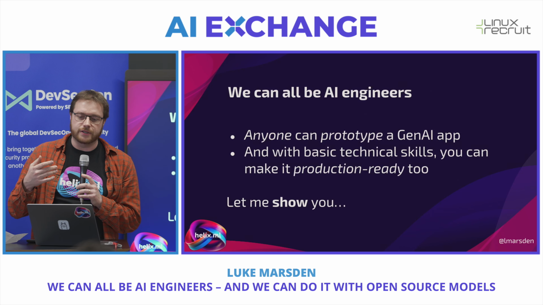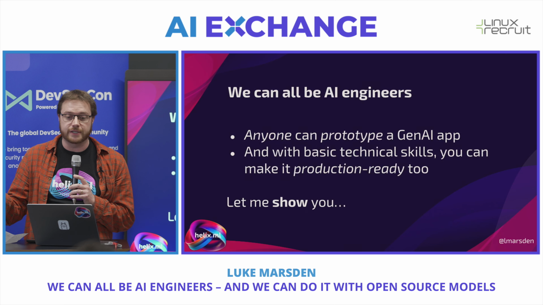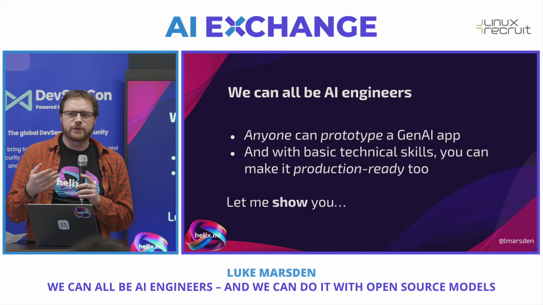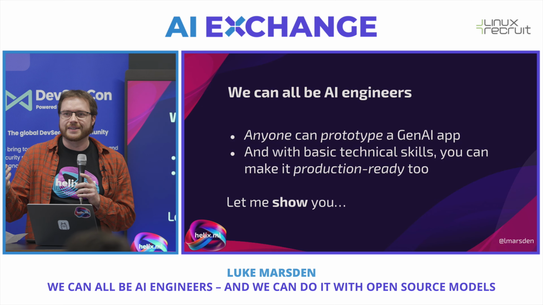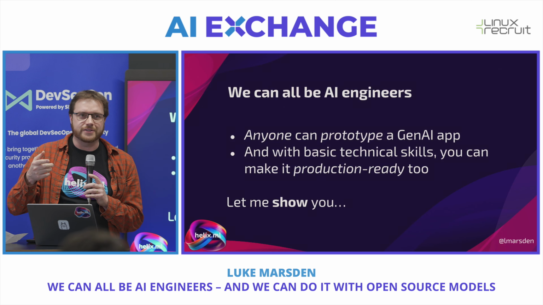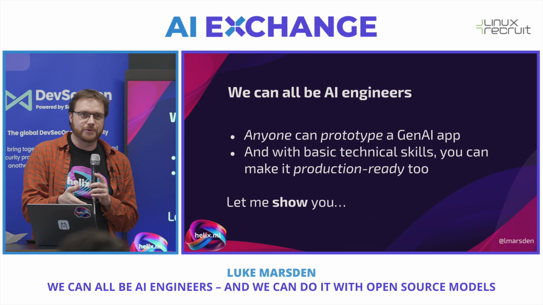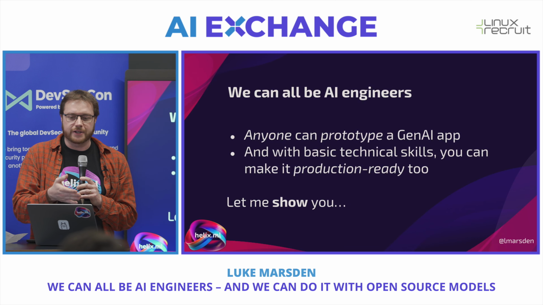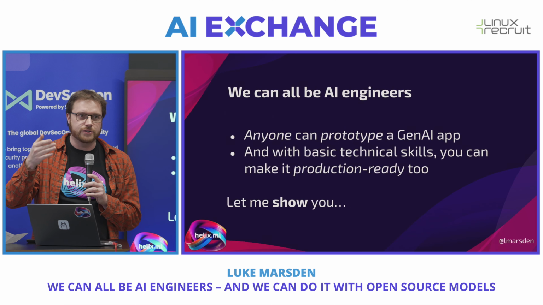My point here is that you can easily prototype an application in the browser by pointing and clicking. But actually, who here has a DevOps background? Interested to see, yeah. That's cool. I also really want to focus on how you go from a prototype to production, because it's really easy to prototype one of these chatbots, but making a production-ready version of that application, there's normally a big gap.